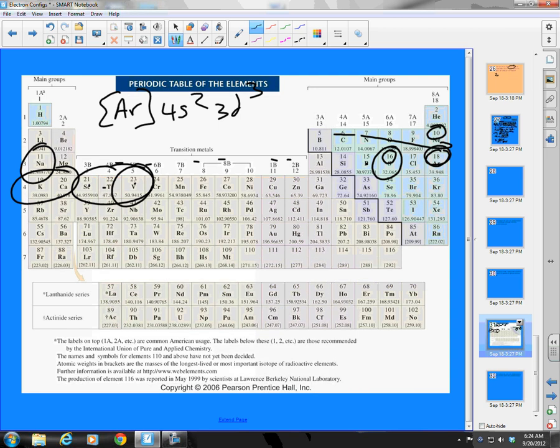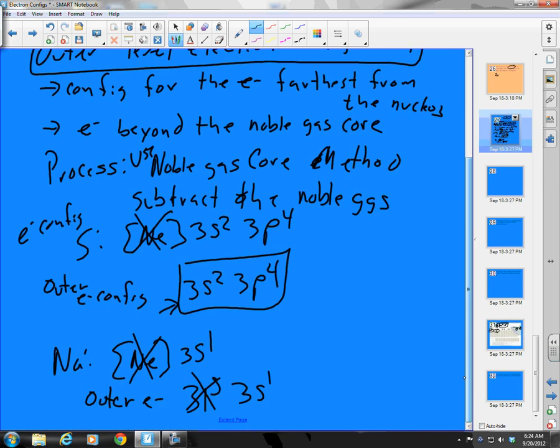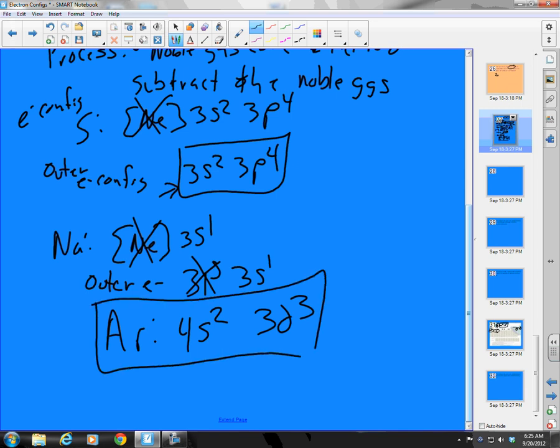So 4s2, 3d3. I get rid of the argon, so my outer electron configuration is 4s2, 3d3.